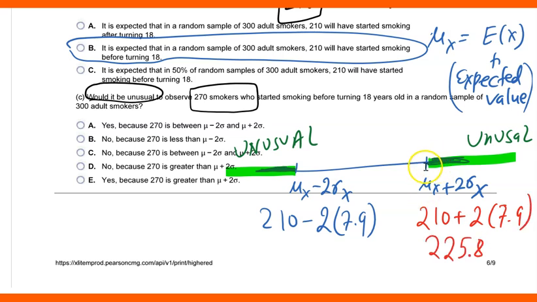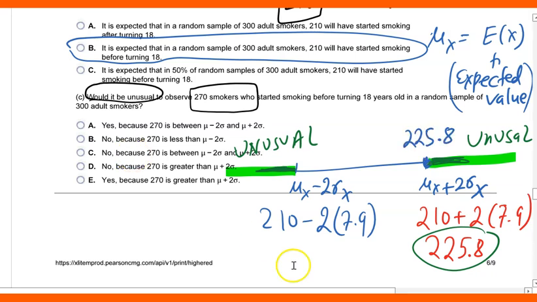This is the upper limit of the interval, which is 225.8.